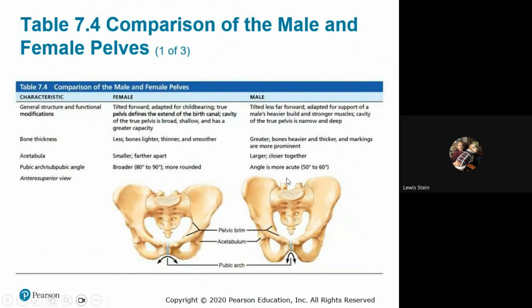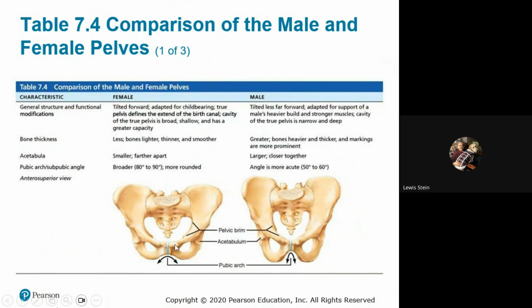This is part of it, and this is a really good set of illustrations. We measure this. You'd only need one, because it's bilateral and symmetrical, the same on both sides. You're measuring to see whether, in the male, this is a much more acute angle. In the female, we call it the pubic arch.